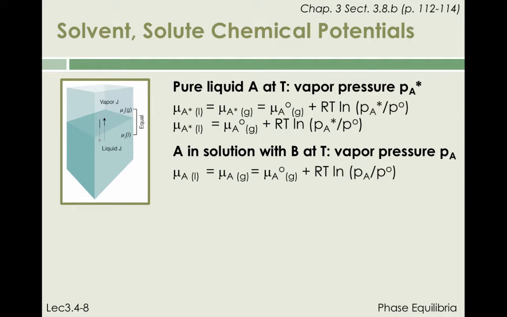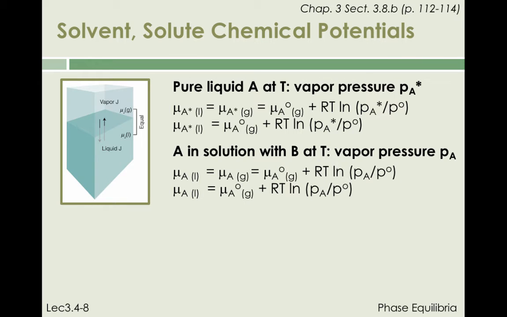We write mu A for the liquid phase equals mu A for the gas phase, and mu A for the gas phase at pressure PA equals mu A standard at pressure P standard plus RT times the natural logarithm of PA over P standard. This leads to mu A for the liquid equals mu A standard for the vapor plus RT natural logarithm of PA over P standard. We are now in a position to compare the chemical potentials of A in solution to the chemical potential of A in the pure liquid state.